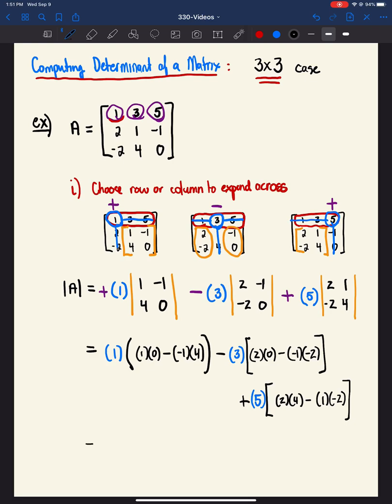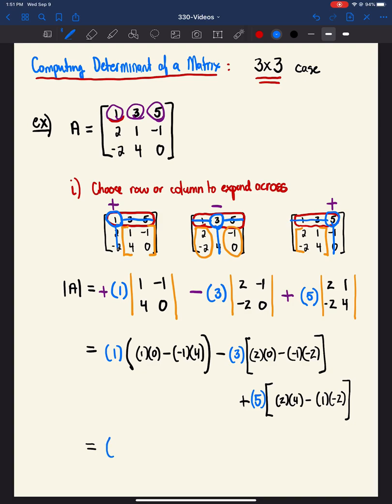So lots of arithmetic to find these determinants, but it always breaks down from a 3 by 3 case into 2 by 2s. If we did a 4 by 4, we would see the 4 by 4 break into 3 by 3s and then 2 by 2s. And you see this hierarchical structure of how to compute determinants.